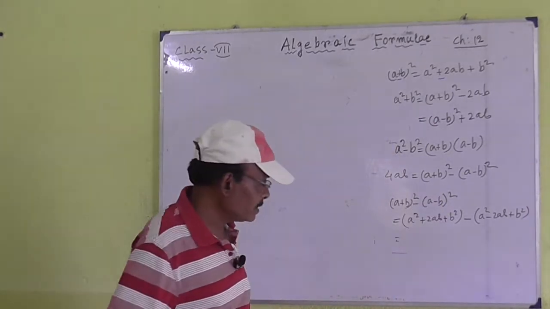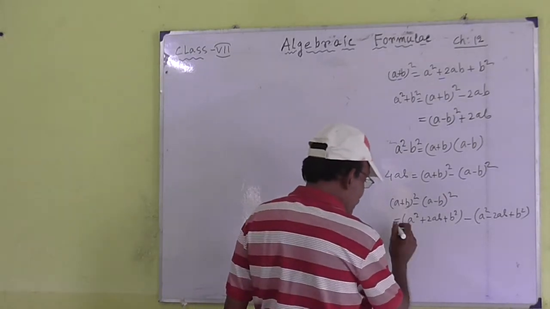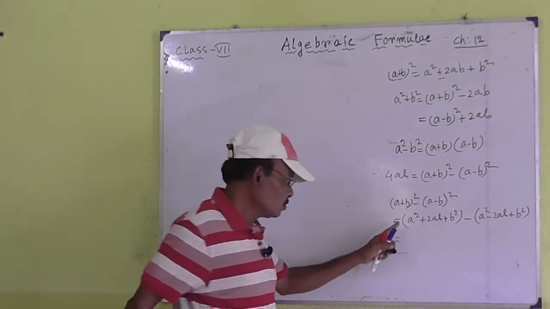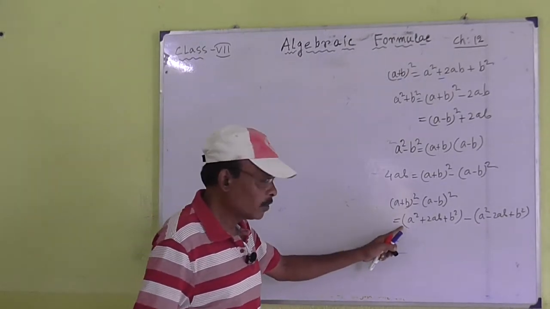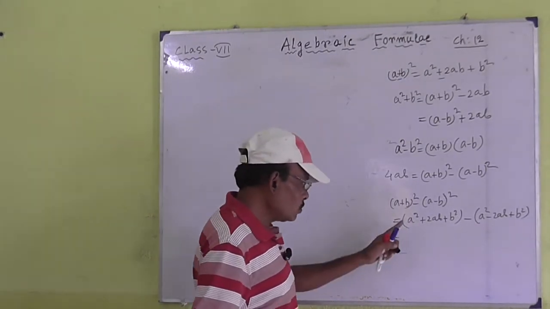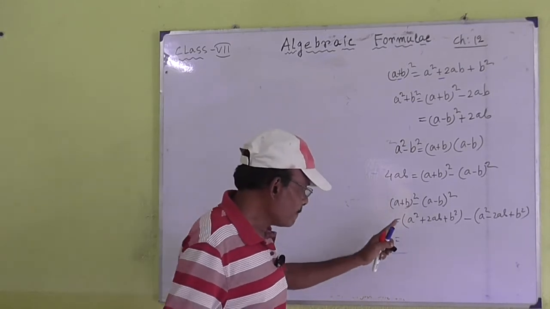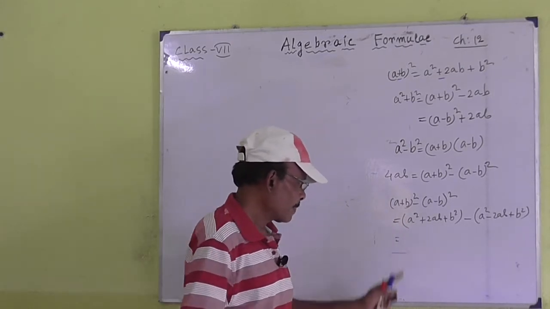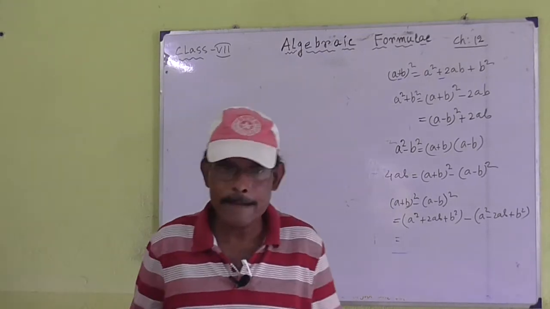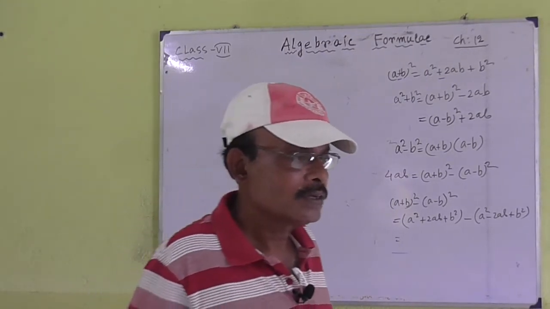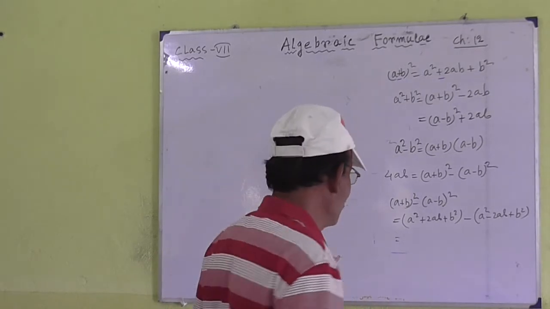If we open the bracket, in front of the bracket there is no sign. That means here is a positive sign. So, when a positive sign is in front of the bracket, when you open the bracket, the signs remain the same.